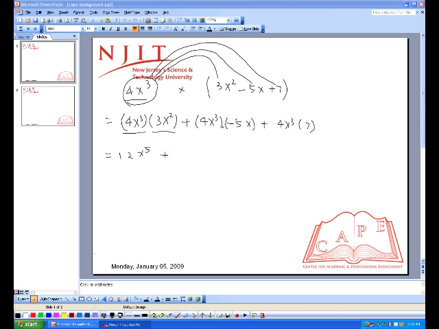Now plus, for the second term, you multiply the coefficients, so 4 times minus 5 gives you minus 20, and then you add the degrees, so this is the third degree, x to the third power, and this is just x, which is the first degree, x to the first power.